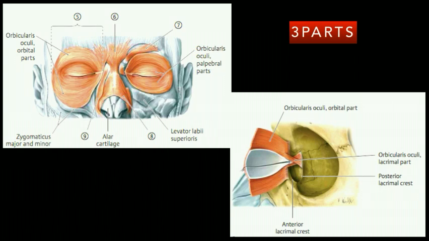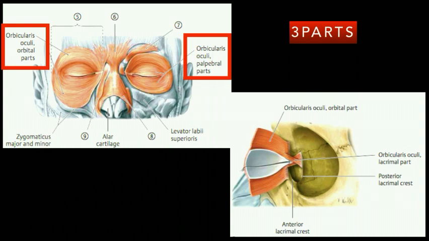The orbicularis oculi consists of three parts. That is, the orbital part, which encircles the orbit. It has a palpebral part, which is present on the upper and the lower eyelid, and we also have a lacrimal part, which is a deep part, and it is attached to the lacrimal crest.